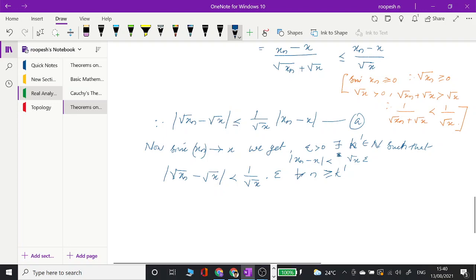Since root x is greater than 0, this should be greater than 0, so you can replace that and get exactly epsilon.